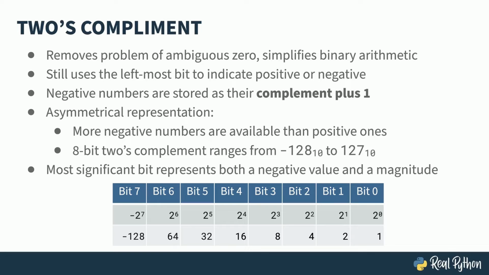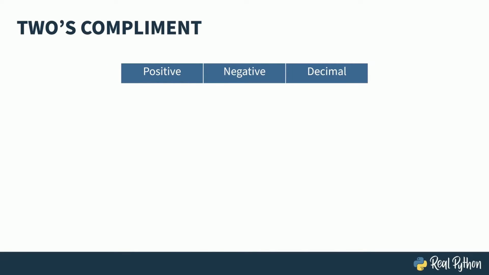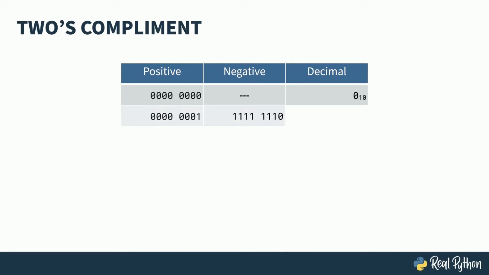You can think of the most significant bit indicating both the sign and a magnitude. You can see it here in the chart. Bit 7 is a negative magnitude. Let's try some 2's complement numbers. 0 is not ambiguous. There's only one representation. No negative 0 in this case. Positive 1, let's complement it and then add 1.